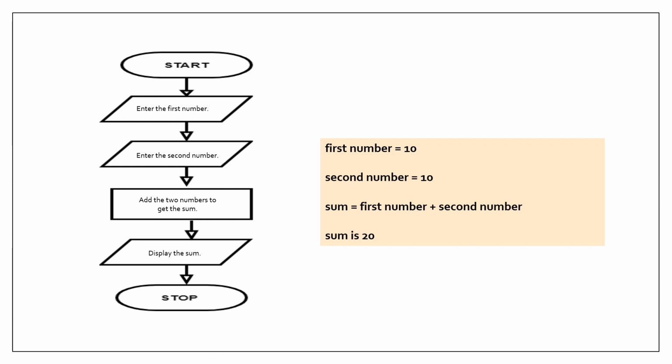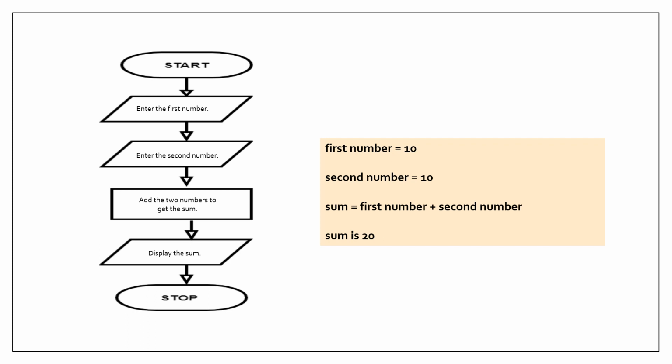Now, on the right side, it's depicted that it's assumed that for the first number, let's say the end user will enter 10, and the second number, let's say the end user will also enter 10. And based on the flowchart, there is some process going on, and the process depicts that we have gotten the sum of the first number and the second number.